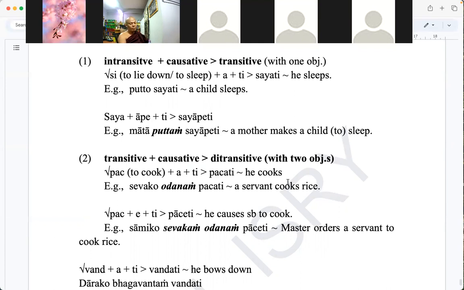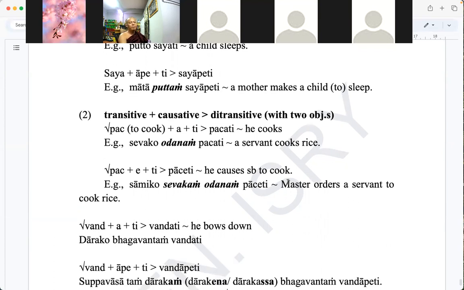So for this one, it has two objects when the transitive verb adds the causative suffix and becomes the ditransitive verb. For example, wandapeti. For the two objects, one object is the agent object and another object is something, because it causes somebody to do something.